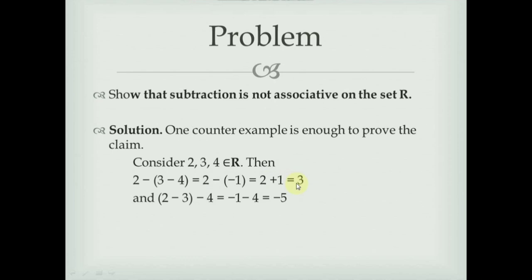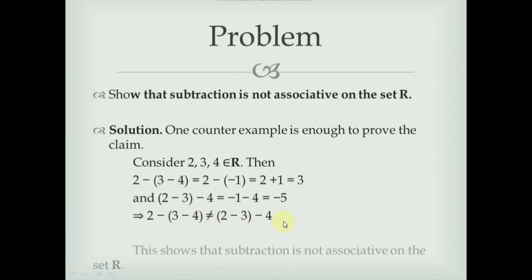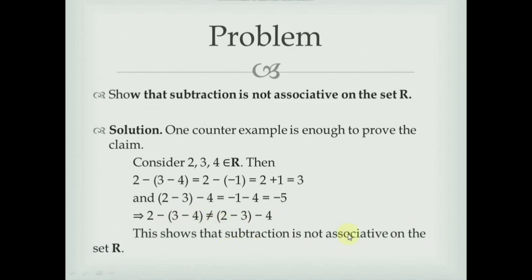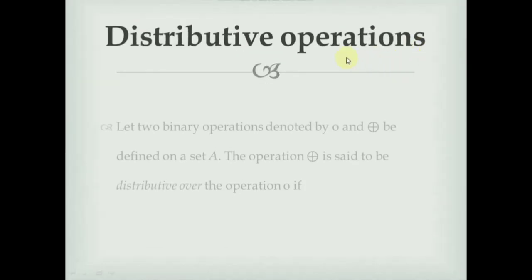Now (2 minus 3) minus 4 is equal to minus 1 minus 4, which is minus 5. Here we have performed the operation in the bracket first and then the next operation. So we have got 2 minus (3 minus 4) is not equal to (2 minus 3) minus 4. This shows that subtraction is not associative on the set of real numbers.